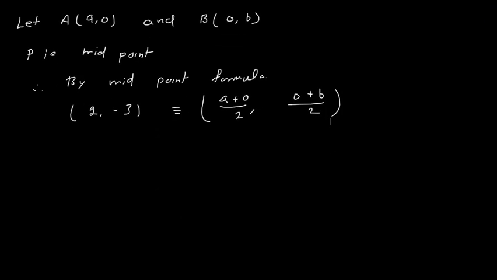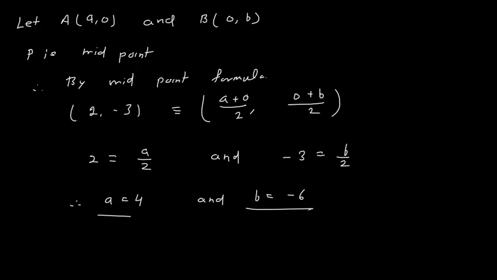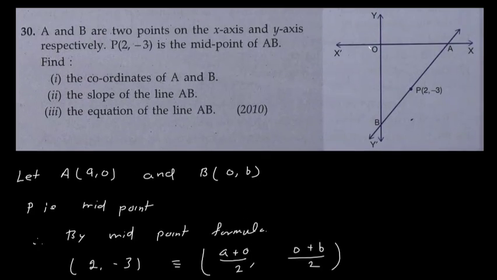So by comparing we understand that 2 is equals to A divided by 2 and minus 3 is equals to B divided by 2. So therefore I will get A is equals to 4 and B is equals to minus 6. So the value of B is minus 6 and the value of A is 4. So A and B we got.